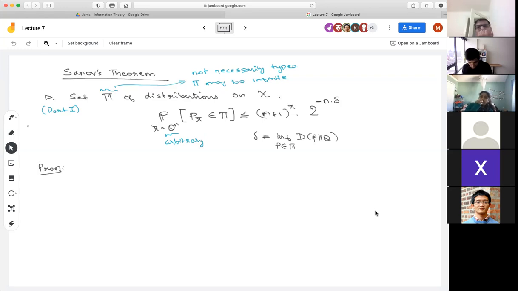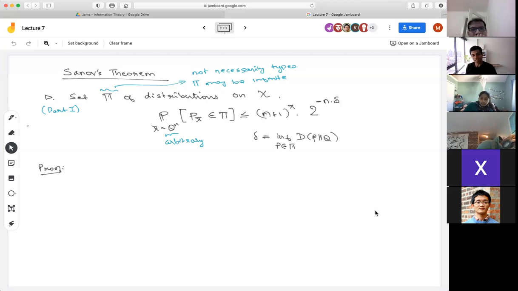I claim that the probability is essentially governed by the closest distribution P in pi to Q. And the notion of closeness is defined by this KL divergence.